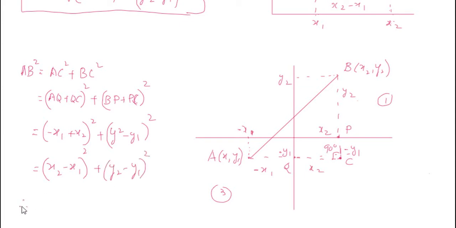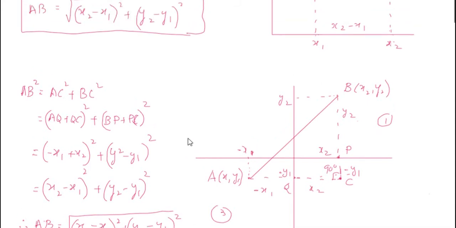Therefore, the distance between the two given points AB equal to square root of x2 minus x1 whole square plus y2 minus y1 whole square, and this formula is the distance formula.